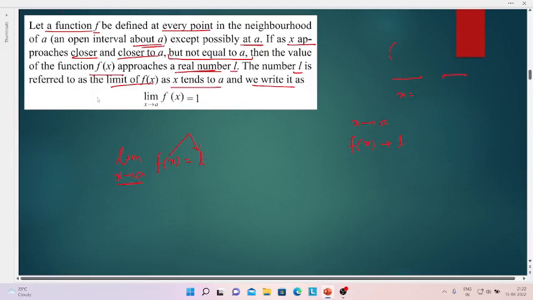If as x approaches closer to a but not equal to a, the value of the function f(x) approaches a real number L, then the number L is referred to as the limit of f(x) as x tends to a, and we write it as limit x tends to a of f(x) equals L. This is actually L, right? So you can understand the definition of a limit.